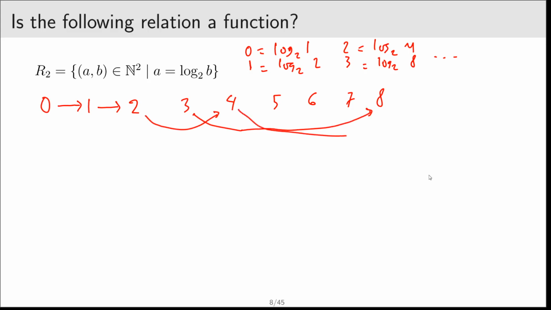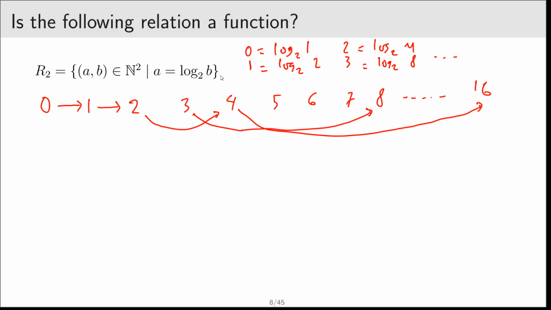Well, it will go to 16, and so on, right? And for each natural number, you have one outgoing arrow. From 5 you go to 32, from 6 you go to 64, and so on.